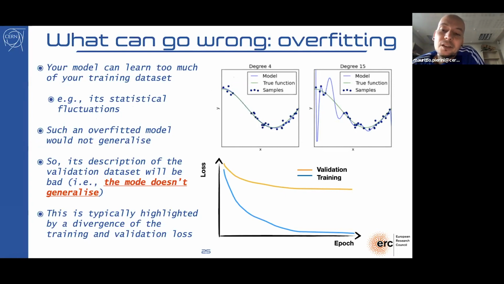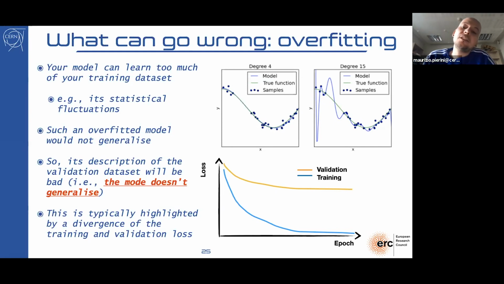But you do understand that this is not a good solution because it's basically trying to follow each statistical fluctuation in your data. So while the loss function for the model on the right is better than the one on the left, the model on the left clearly is more robust because it better generalizes. If you take another data set which will have different statistical fluctuations, the model on the left would still work, the model on the right would break completely.